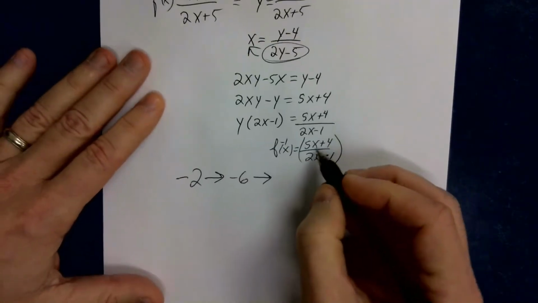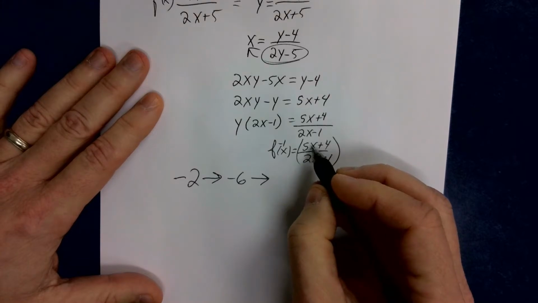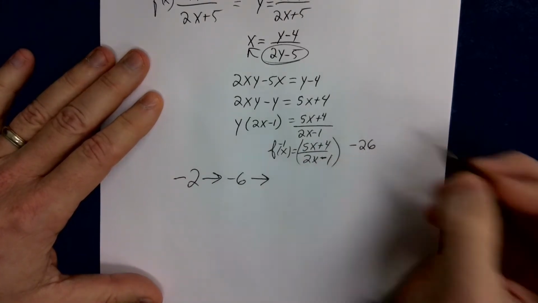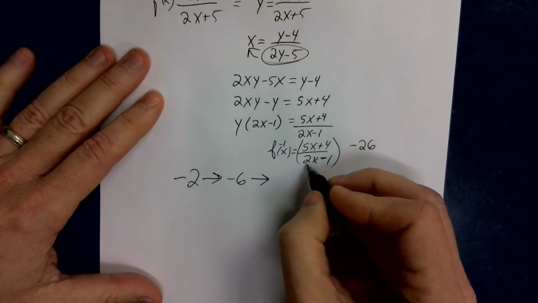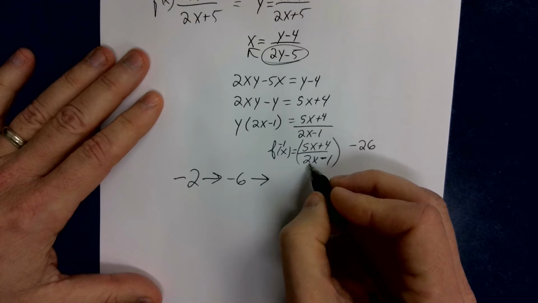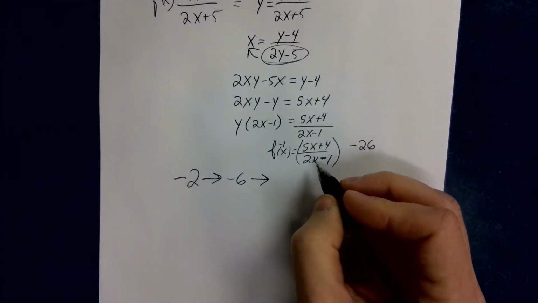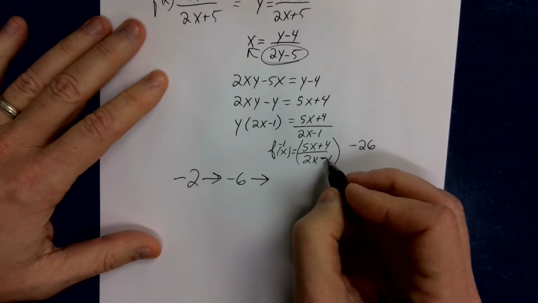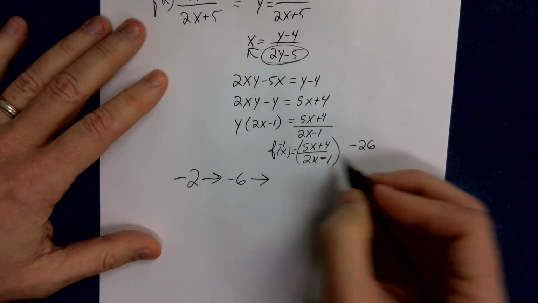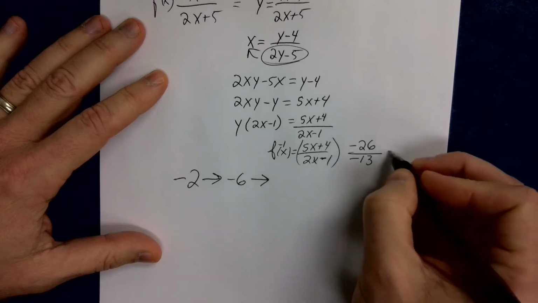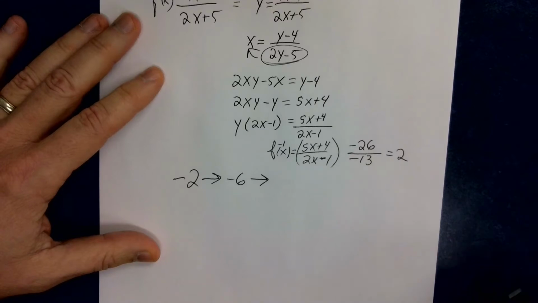Now I plug negative 6 into this. 5 times negative 6 is negative 30, plus 4 is negative 26. 2 times negative 6 is negative 12, minus 1 is negative 13. That equals positive 2.